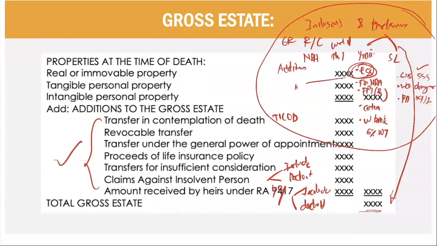If you are considered a married decedent, we have your conjugal property, include in your gross estate. If ever you have exclusive property, determine if that exclusive property is of the surviving spouse or your decedent. Surviving spouse, exclude; of your decedent, include. So those are your inclusions and your exclusions in your gross estate.